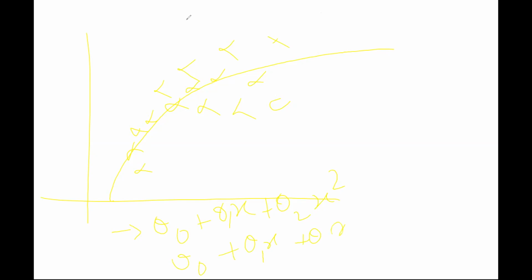You can think, why just fit it with a single line? You can fit it with a polynomial curve also. We had the size value, so I can take the size, then square of size, then cube of size. You can take any value. So now you can have a function like this.